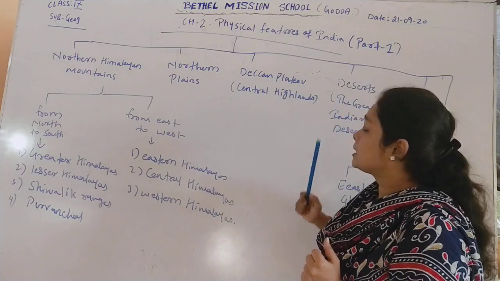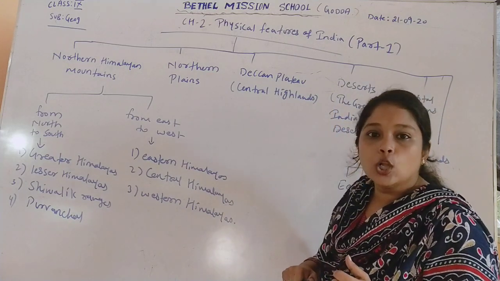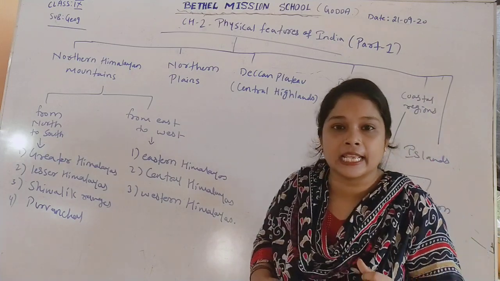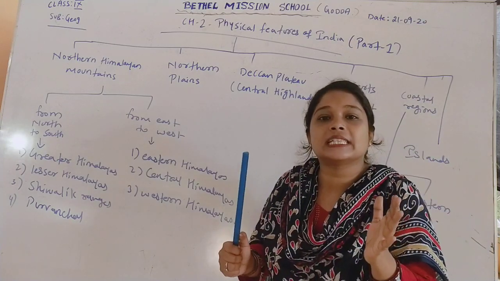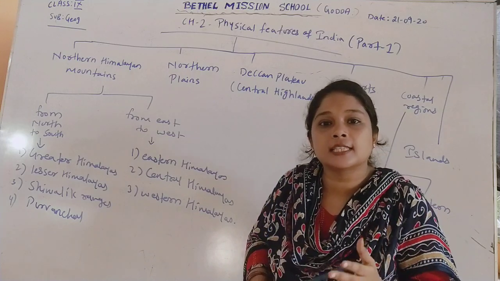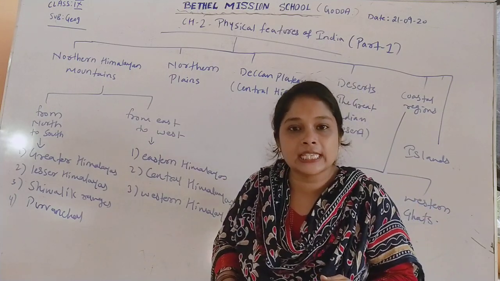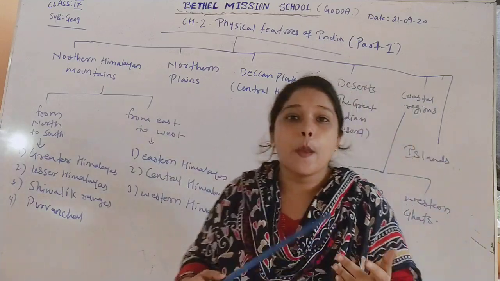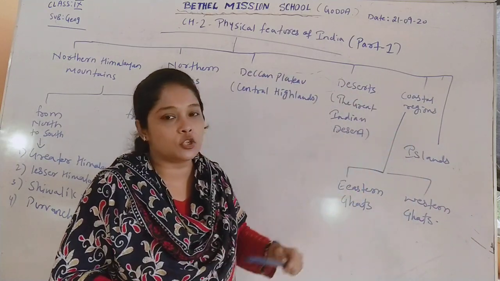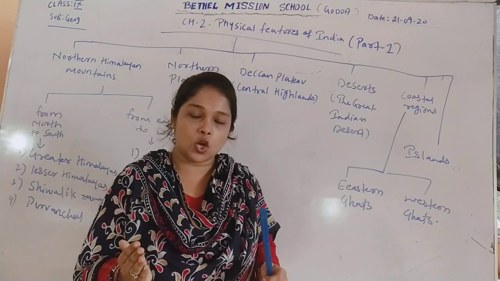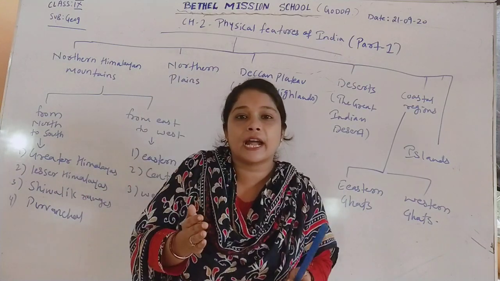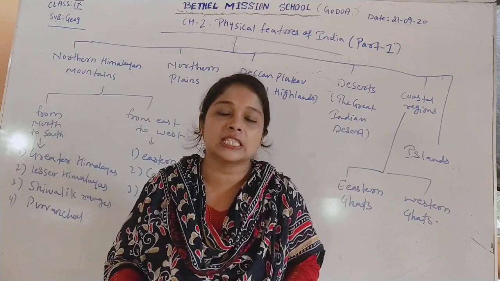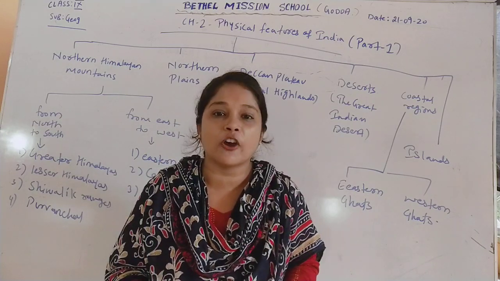Next one is desert. In India we also have deserts, which is also known as the Great Indian Desert. This particular desert lies in the Gujarat and Rajasthan part of India, which is called the Greater Indian Desert or the Great Indian Desert. Now, next one is coastal regions. As we all know, the bordering southeastern or southwestern part of India is covered with the Arabian Sea or Bay of Bengal.